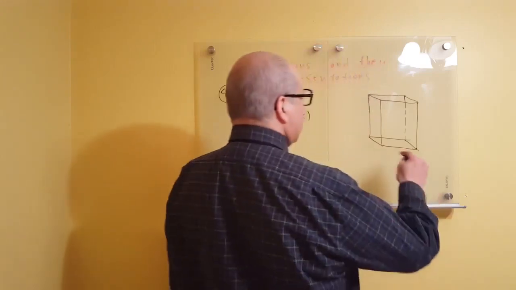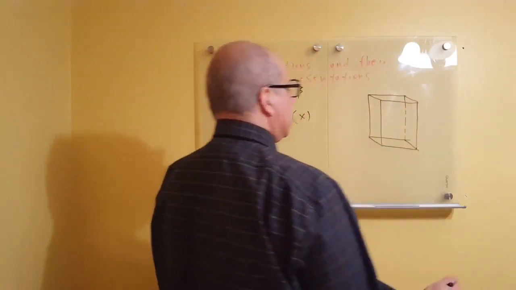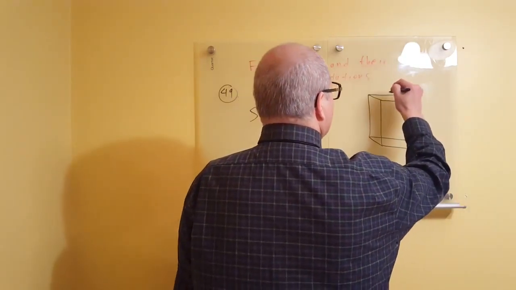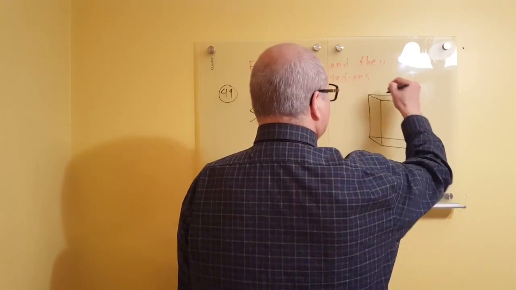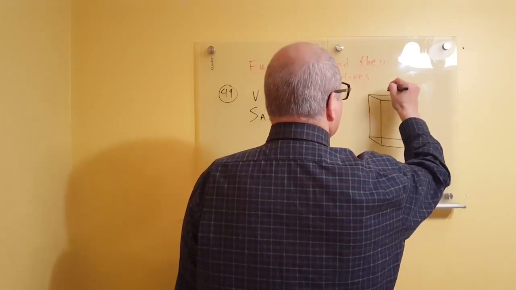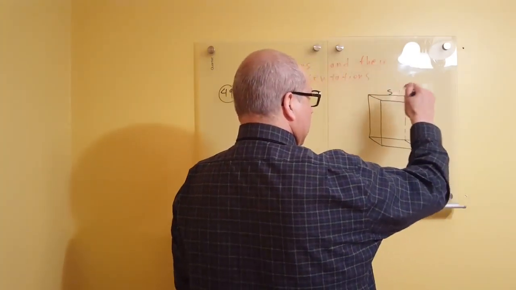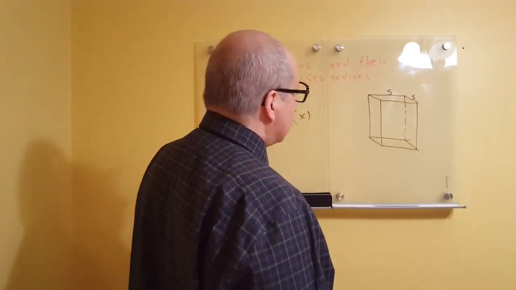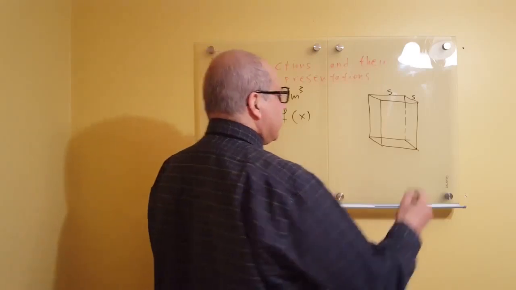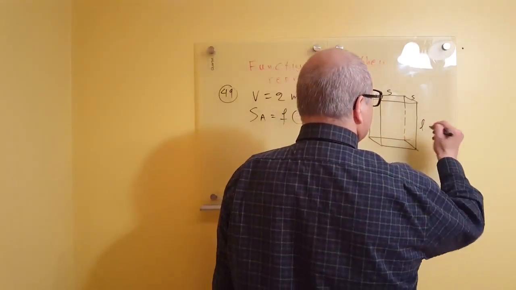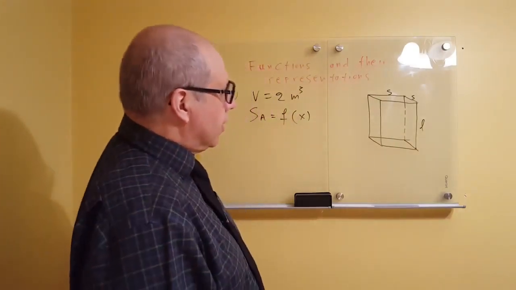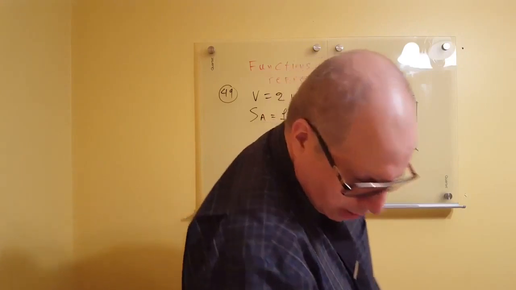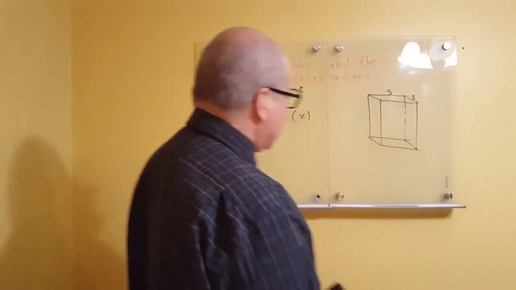So, this is the box, and this is the base. We have two bases, and the top is open. It's a square, so that means that all these sides here are equal. And that's the length of, let's say, the height of the rectangular box.